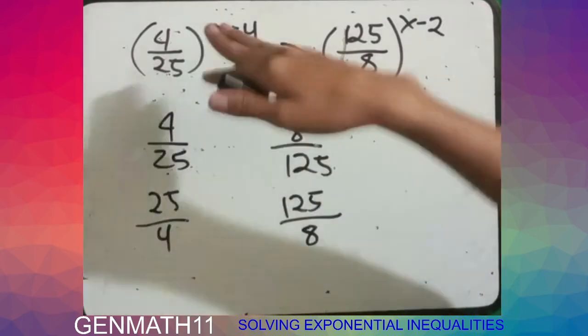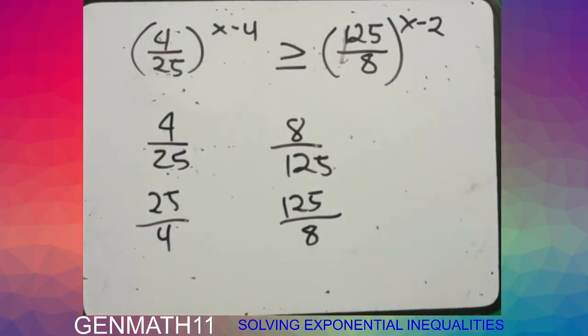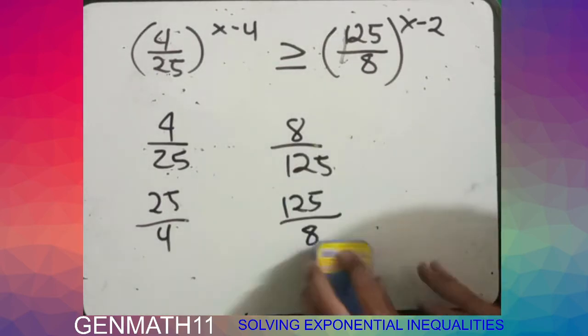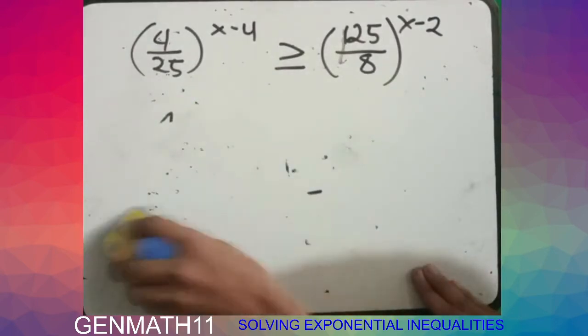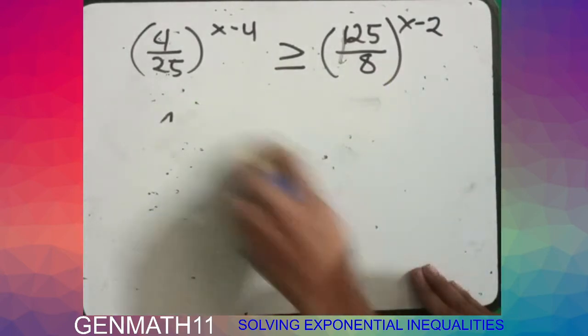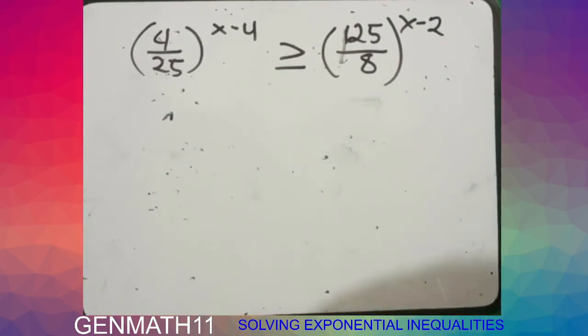So, alinman sa dalawa yung gagawin ninyo. So, gagawin natin, babaliktarin natin. Then, the exponent is magbabago kapag nagbaliktad tayo. So, gawin natin, unahin natin yung ginawa natin una. So, ang babaliktad natin is 125 over 8. Okay?